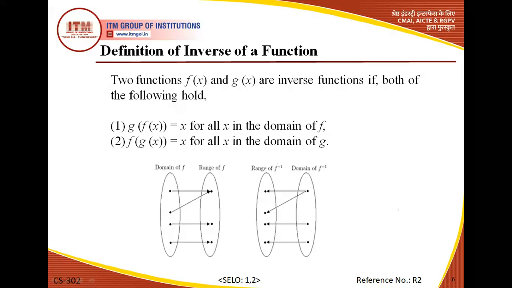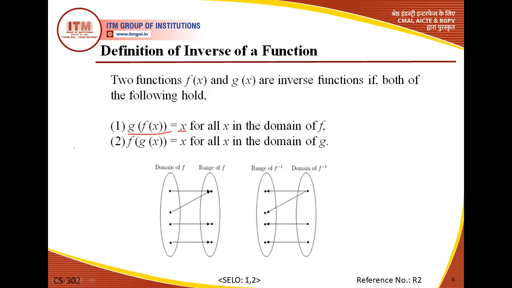If we have two functions f and g, then we say that f is the inverse of g, or g is the inverse of f, if both functions hold these two properties: g of f of x is equal to x, and f of g of x is also equal to x. When we say g of f of x is equal to x, what does this x mean?